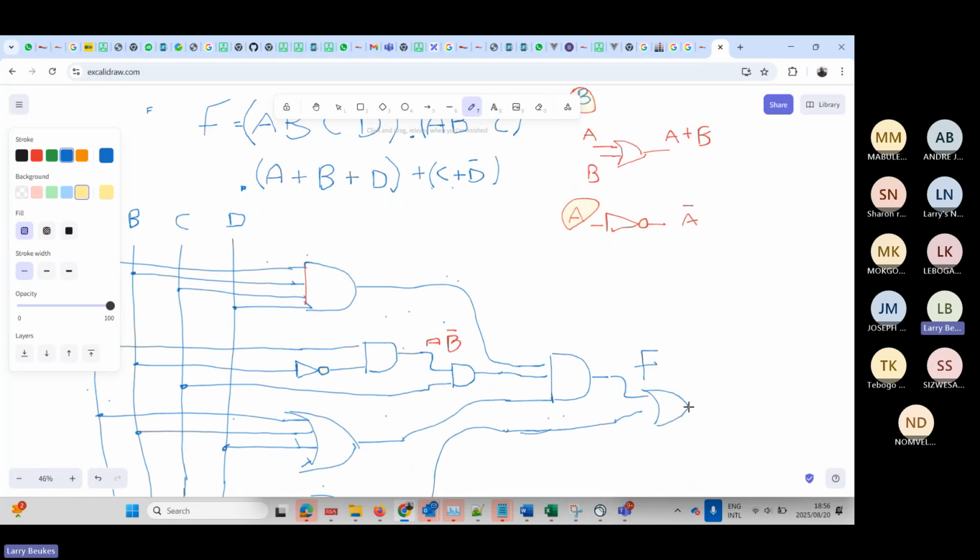Are you with me? So we only changed here. We only removed this one, and didn't feed it here because this sign is an OR, it's a plus. We created an OR gate that will combine all these 3 with this one. Understandable?